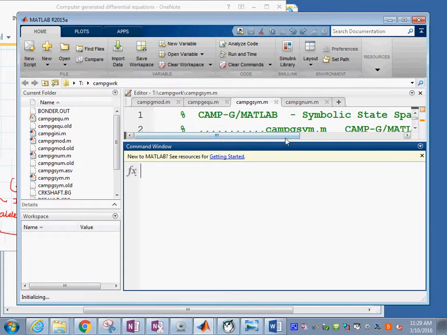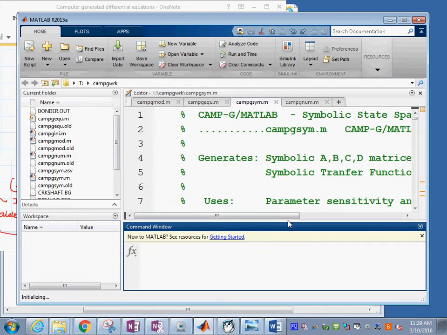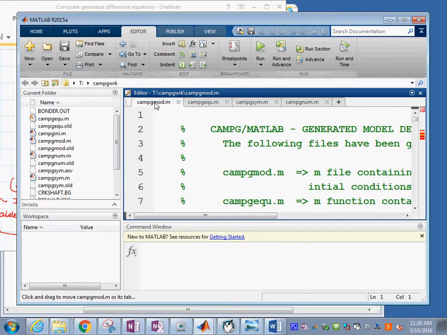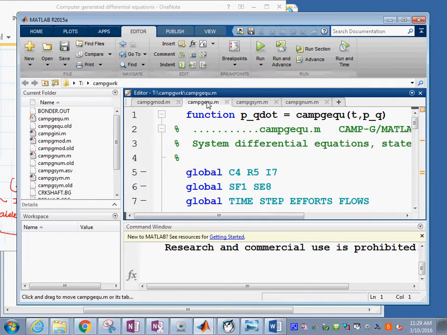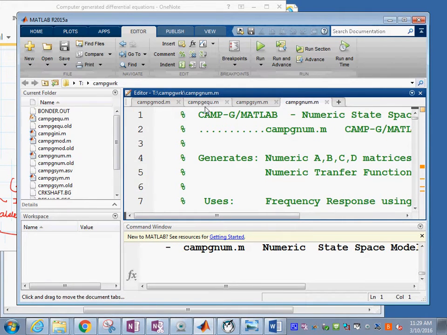Today we'll concentrate on the CAMG module, which is the model file where you find places to initialize your variables and define the time controls. But what's important right now is this one. CAMG EQU is the one that generated the differential equations.